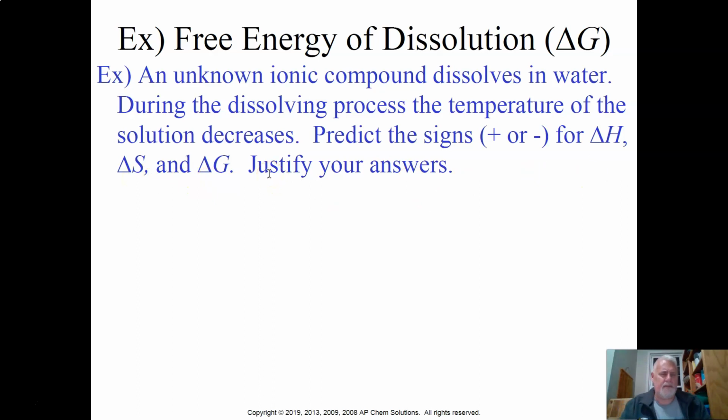I think that will work best. Okay, so hit the pause and predict the signs of each one of those and justify why it is that sign. Pause. See you in 1 second or 5 minutes your time.